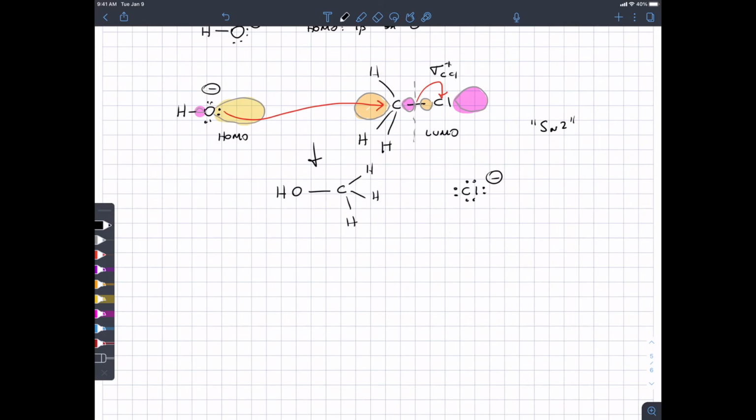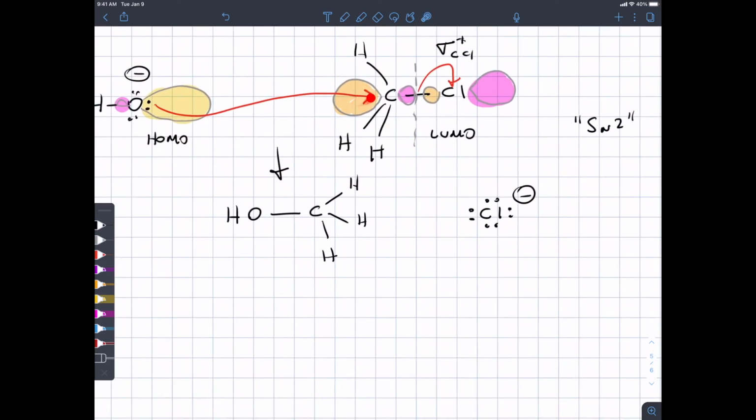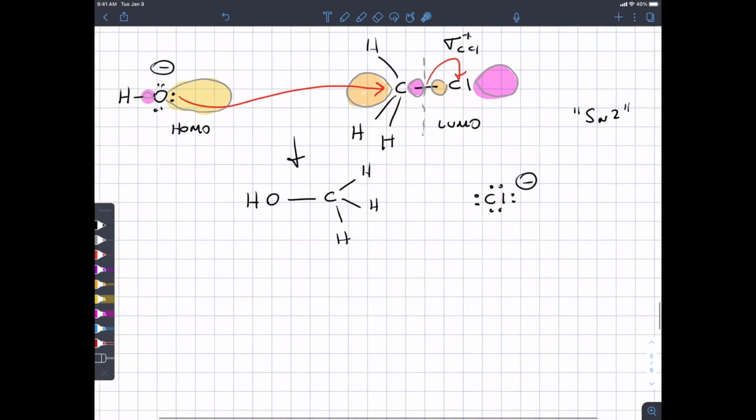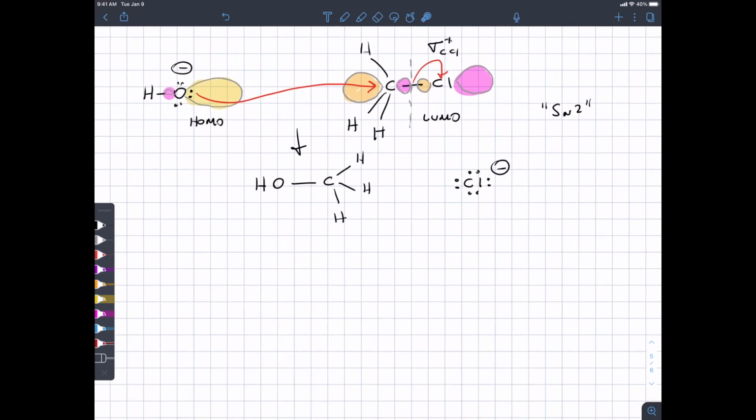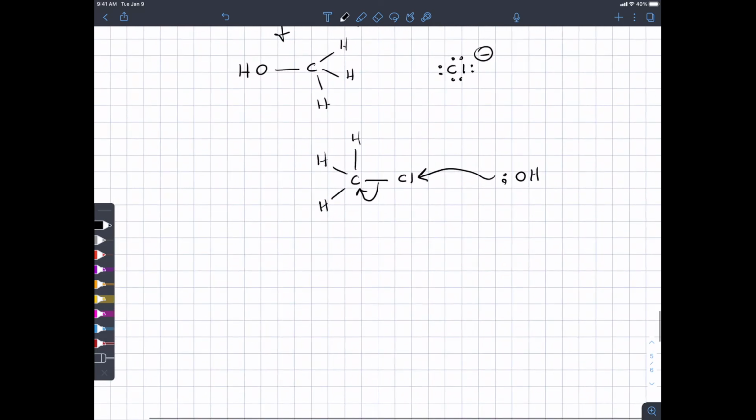Great question. Why does the HOMO attack the LUMO on carbon versus on chlorine? The best way I found to answer this question is to ask, what would the products be if I instead made a new oxygen-chlorine bond and broke the chlorine-carbon bond? I would have a negatively charged carbon and a bond between oxygen and chlorine.